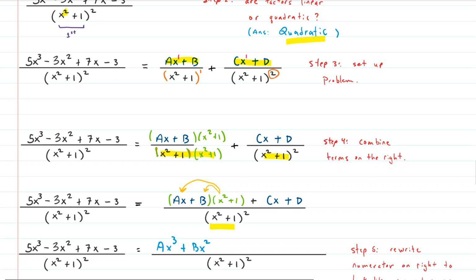Now 1 times ax just gives us ax. 1 times b gives us b. Now we've multiplied that term out. Now we have just the cx plus d still hanging out, so we'll bring that down.